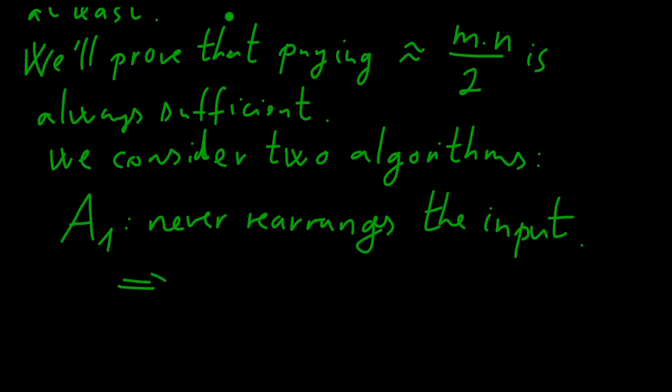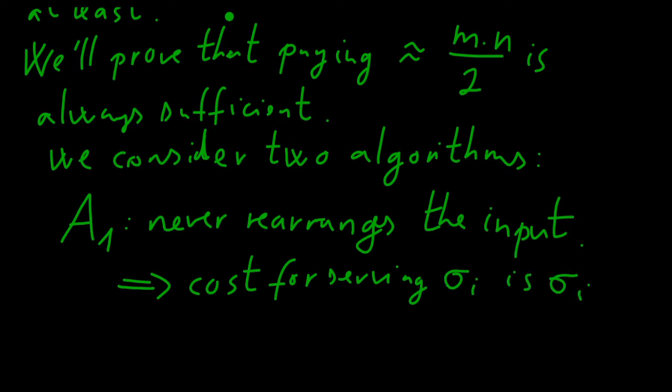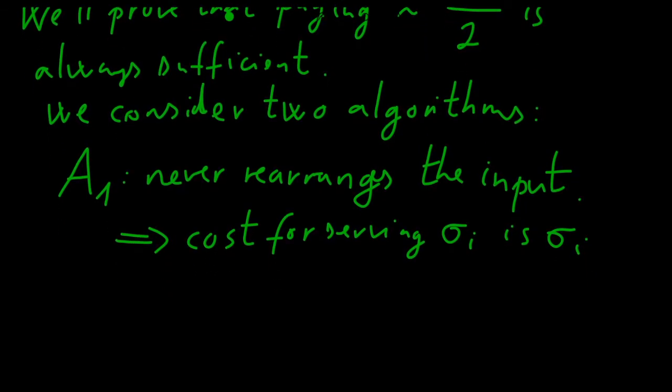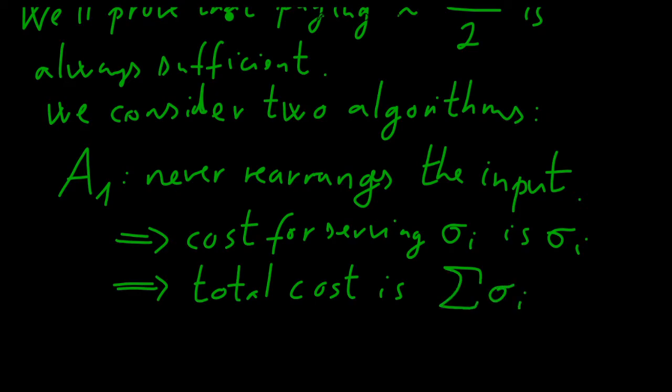For this algorithm, the cost for serving sigma i is sigma i, of course, because if you request for 1, the algorithm will pay 1. If you request for 2, then the algorithm will pay 2, and so on, which means that the total cost of A1 is just the sum of these sigma i's. Okay, that's always the case.